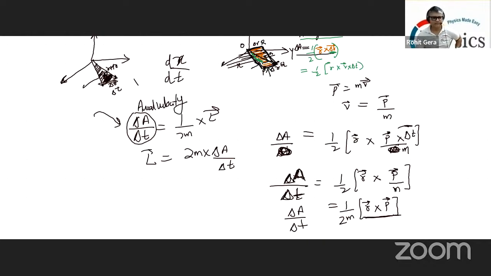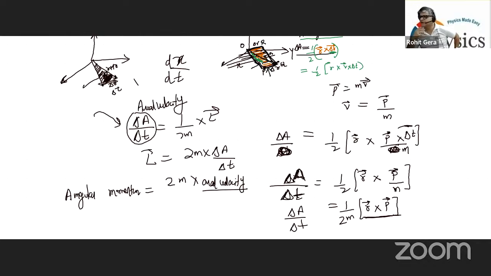Angular momentum can also be written as 2 times the mass multiplied by the areal velocity of the position vector, which is sweeping as the body is moving. So this is a geometrical meaning: the angular momentum of a body is twice the product of its mass and its areal velocity.